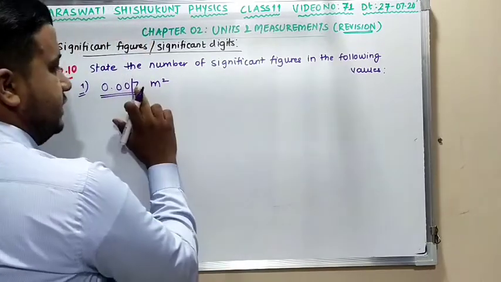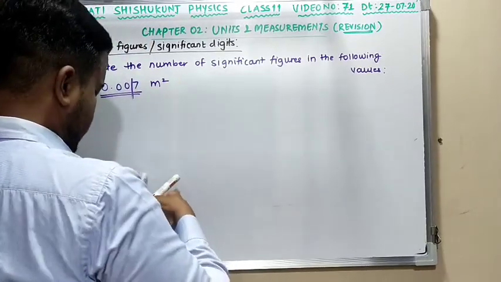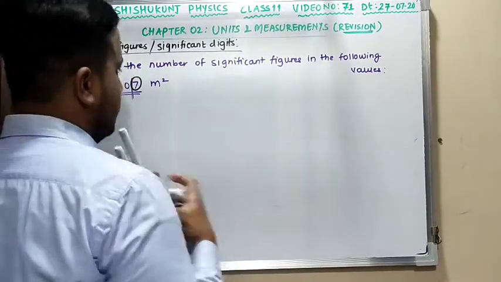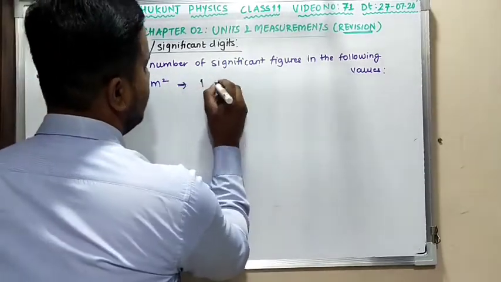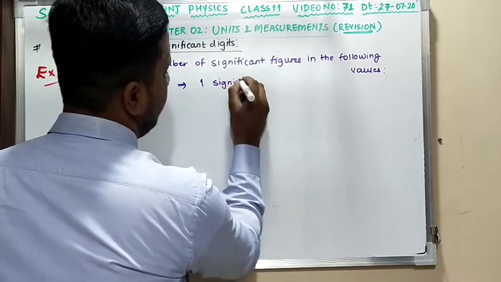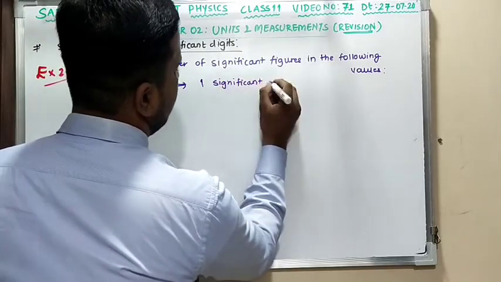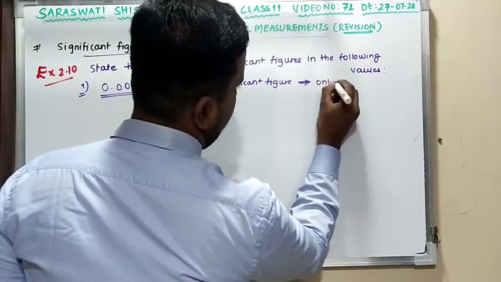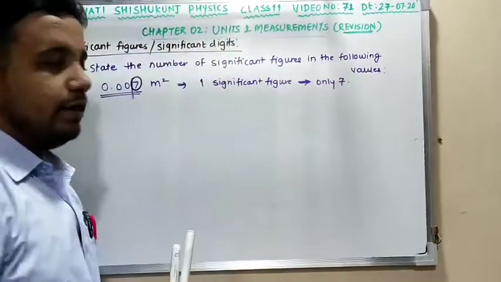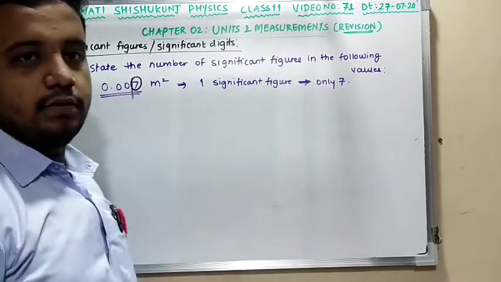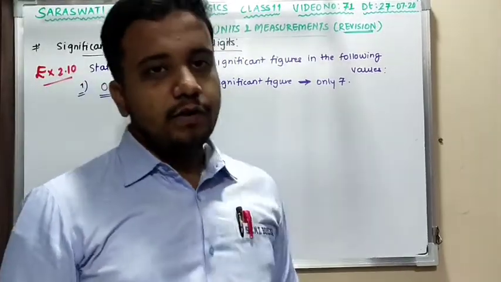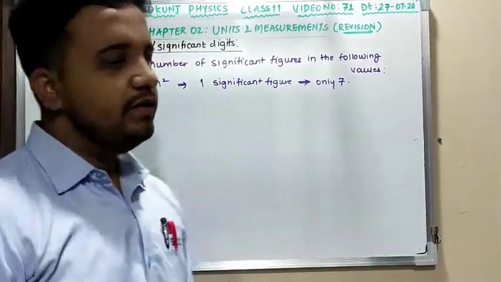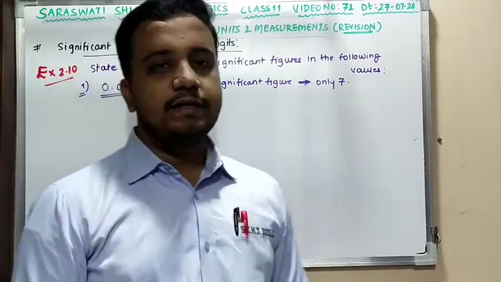So here only 7, so I can write one significant figure, and that is only 7. Clear? There is one significant figure, only 7.